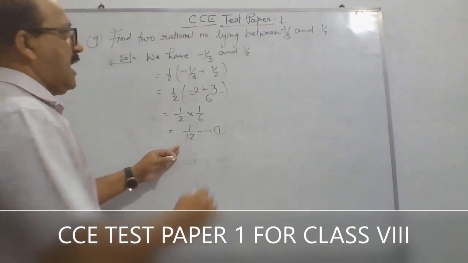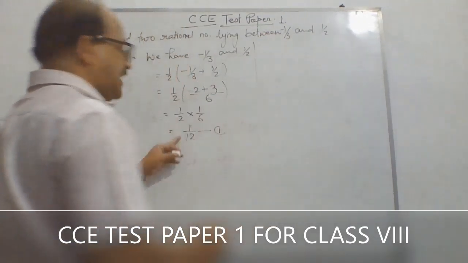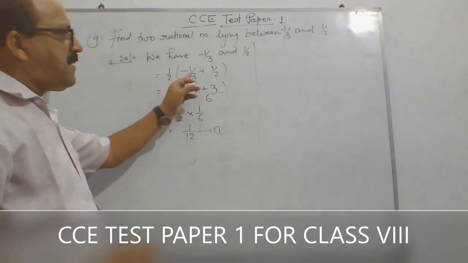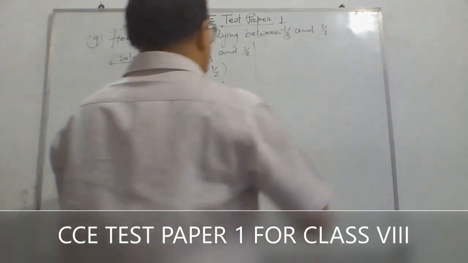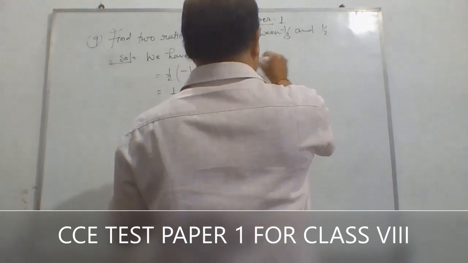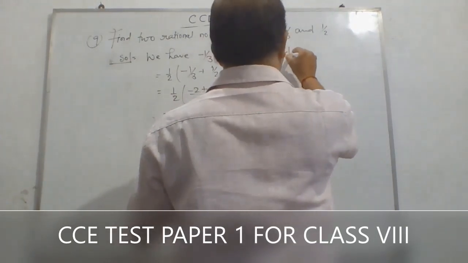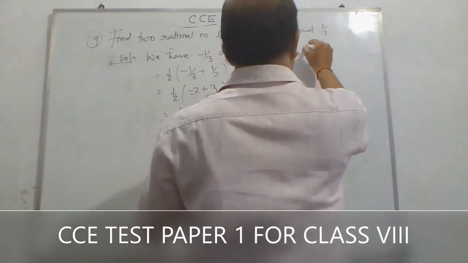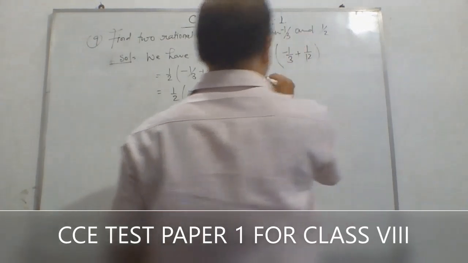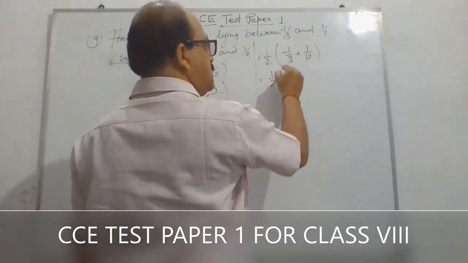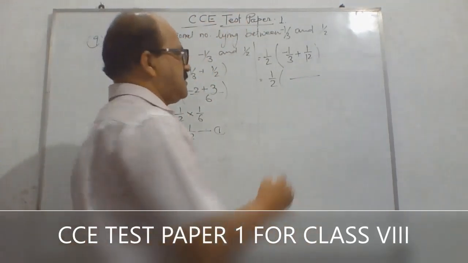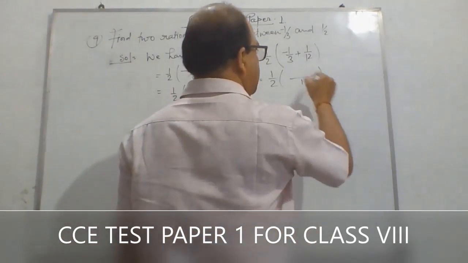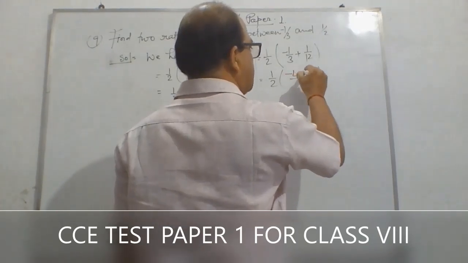From this new rational number, we are free to take any one of these numbers. So 1 by 2 into minus 1 by 3 plus 1 by 12. Taking the LCM of 3 and 12, the LCM is 12, 3 4s are 12, so minus 4 plus 1.